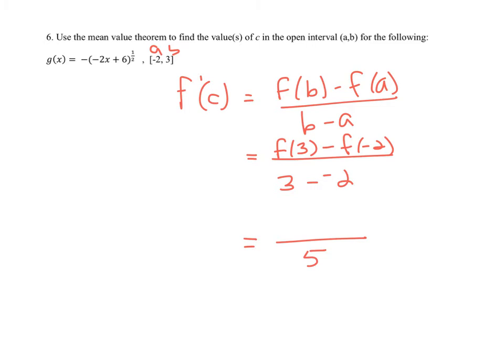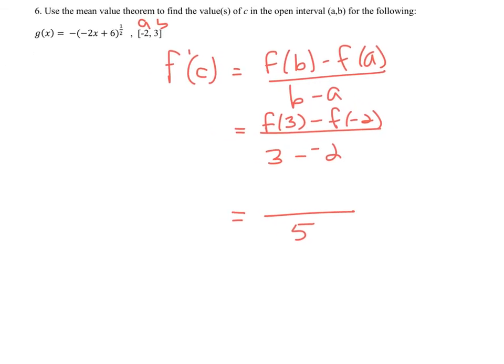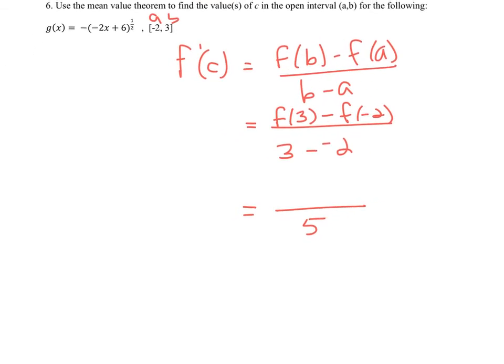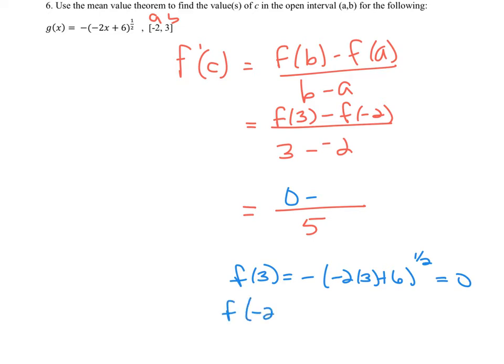Okay, so I'm going to work with the right side first and get that f of 3 and that f of negative 2. I'm going to basically get f of 3 by plugging into the original. So negative 2 times 3 plus 6, all to the 1/2. That gets you 0. So I have 0 here minus. And then when I plug in f of negative 2 for my next part, it's a little tricky.